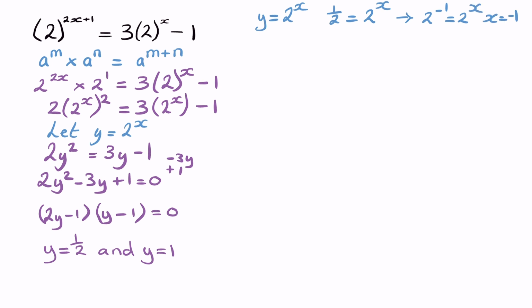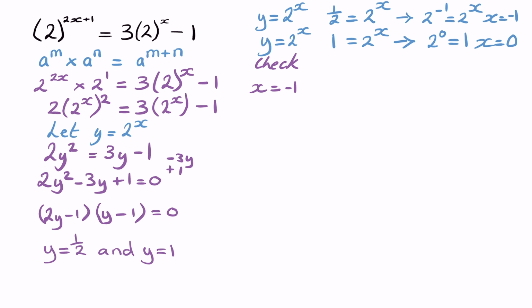Then for the next one, y equals 2 to the power of x. So if y was 1, what would that make 2 to the power of x? Well, that has to make it 2 to the power of 0, because 2 to the power of 0 equals 1. So here x equals 0.